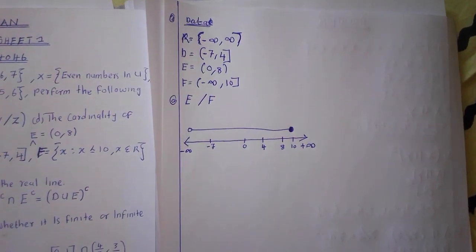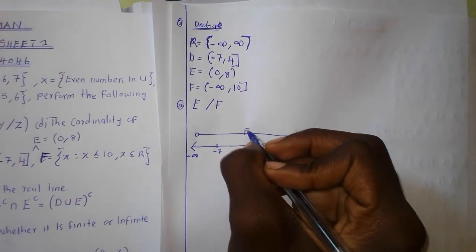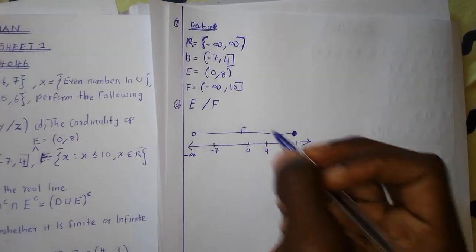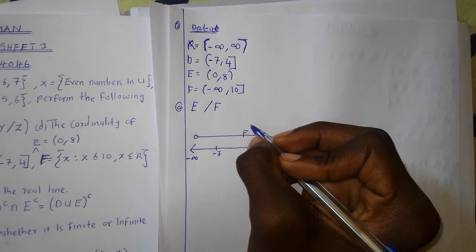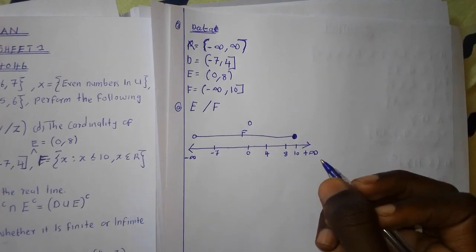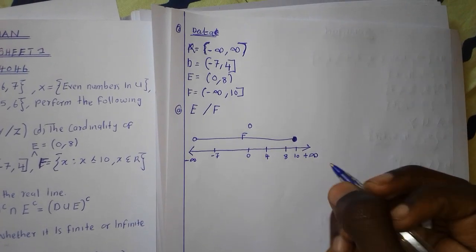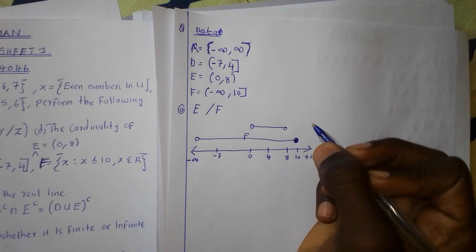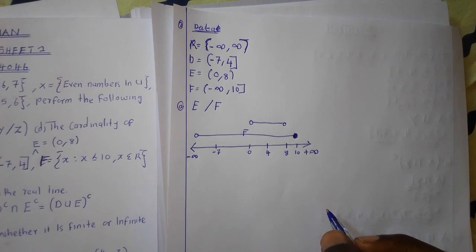Okay, then I'm going to label this as F. Then I'm also going to draw E. Now E is coming from 0, so I'm going to draw an open circle here. Then it's going to move to some point where there is 8, like this. So I'm going to draw those two circles.